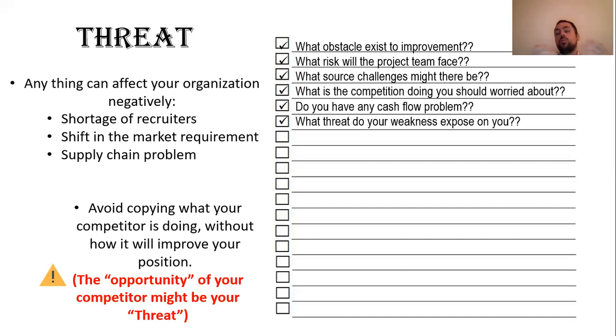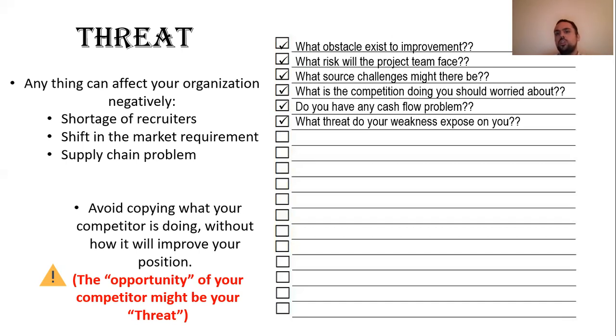What risk might our project teams face? So it's so important. Although all of us know that there are some hidden risks and some obvious risks, at least we can try to estimate obvious risks. What are the sources of the challenges? We should try to discover the source of the challenges.